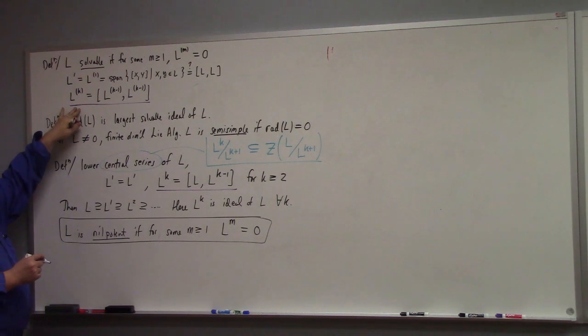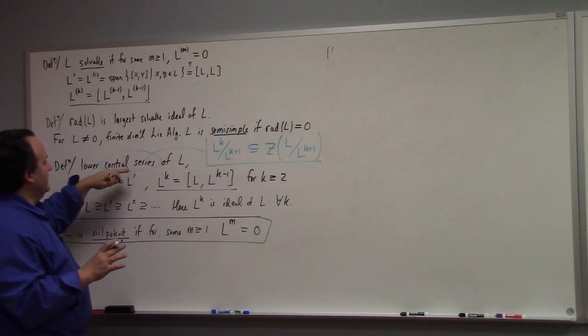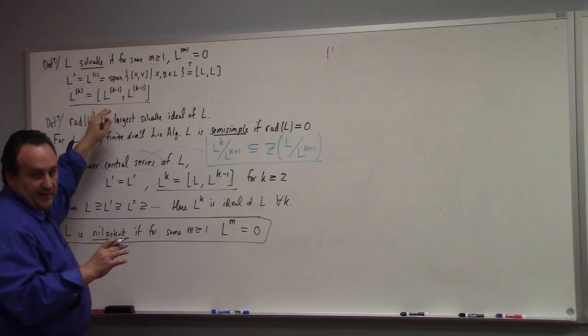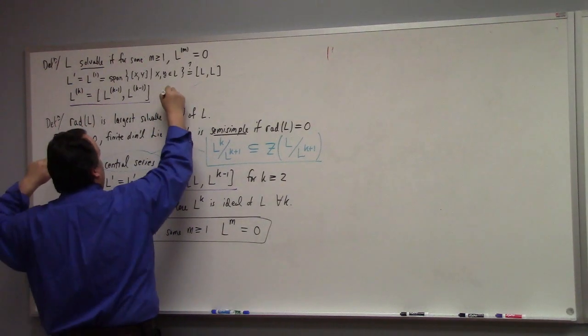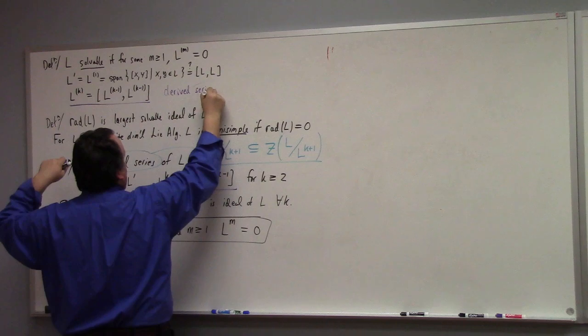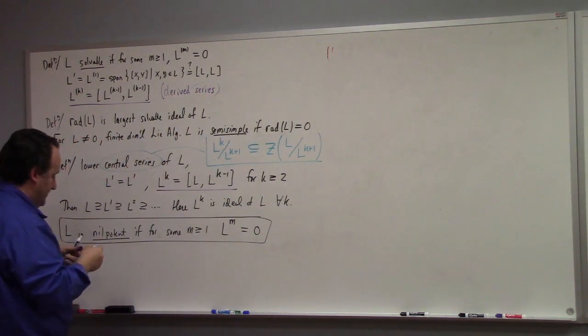For the parentheses one, we're bracketing the same thing. For the no parentheses one, the lower central series. So this is the lower central series, this is the derived series. Okay? Derived series, lower central series.